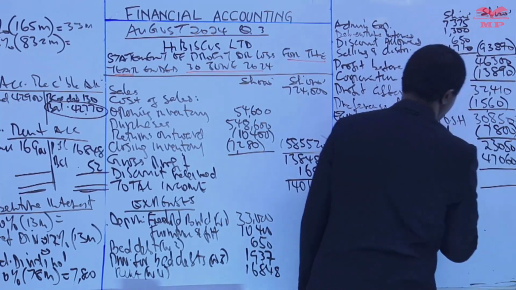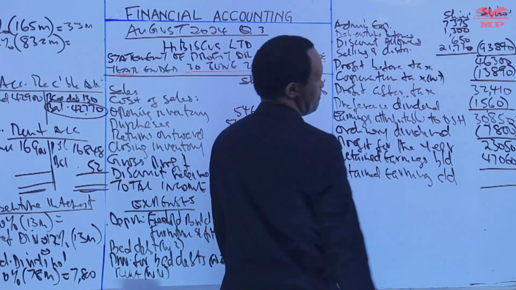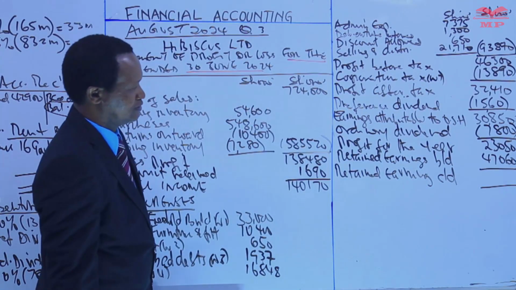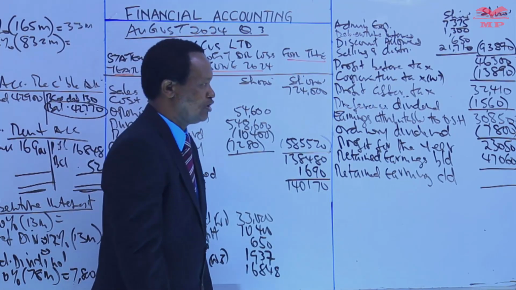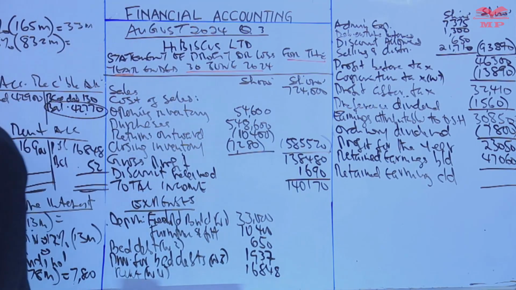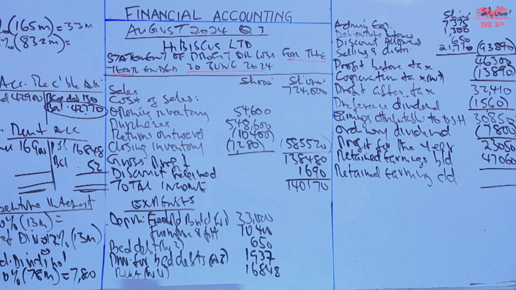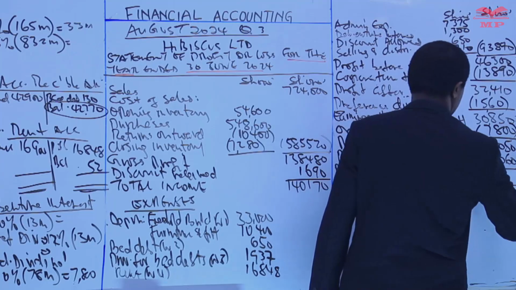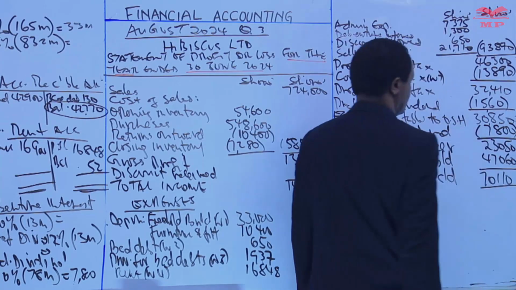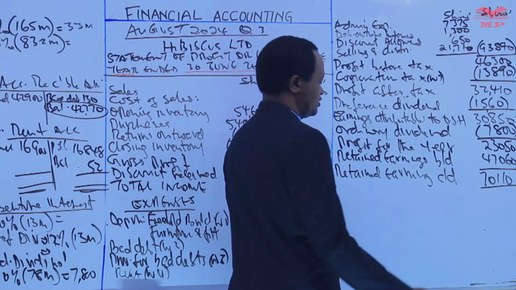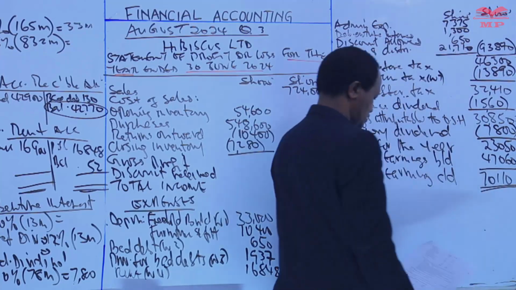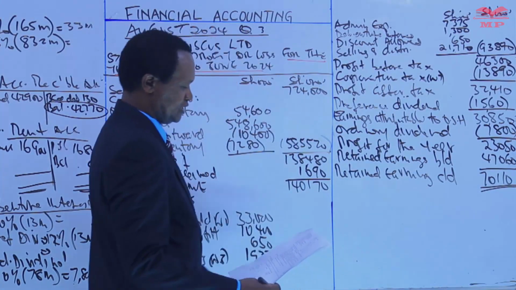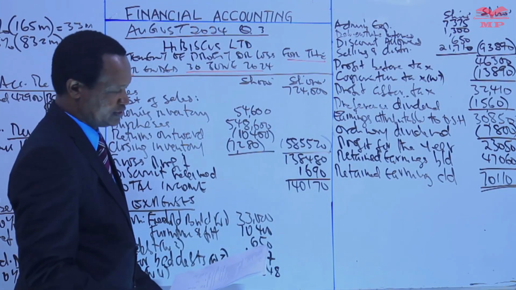This is what will appear in the balance sheet. Retained earnings. How much is it? 70,110. So that's it. That is how to prepare a statement of profit or loss for a company.